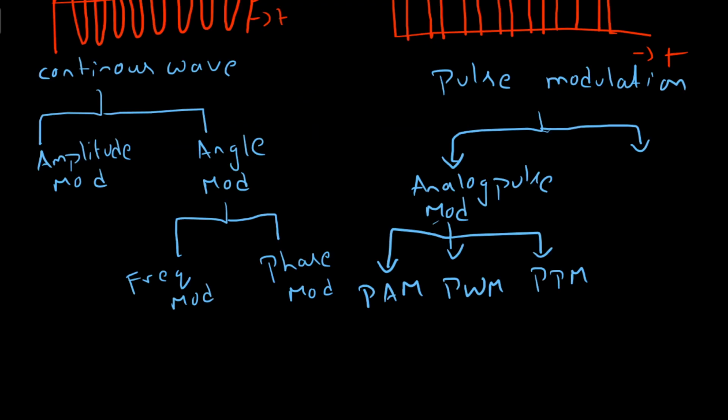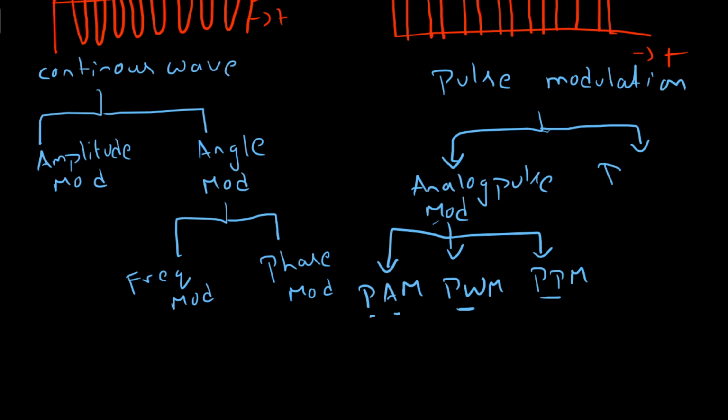Here the pulse amplitude is varying, here the pulse width is varying, and here the pulse position is varying. This type of modulation is called analog pulse modulation.